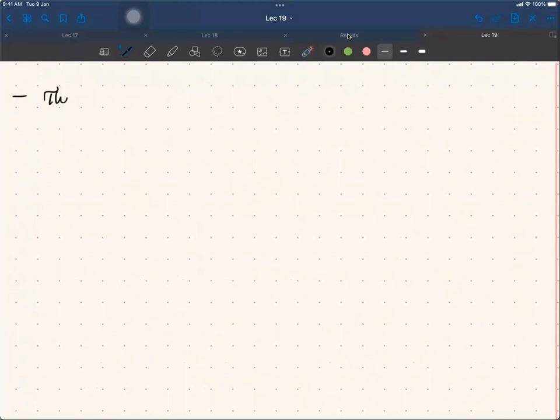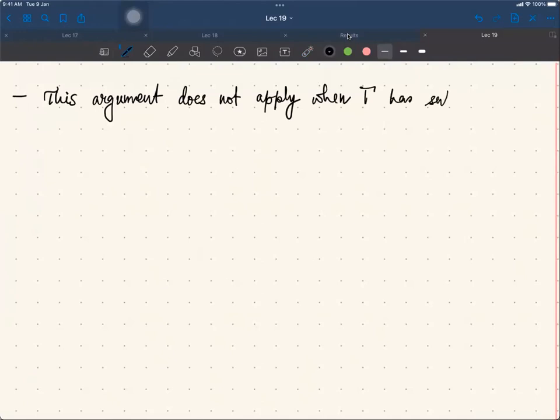So this argument does not apply when gamma has subgraph divergences.